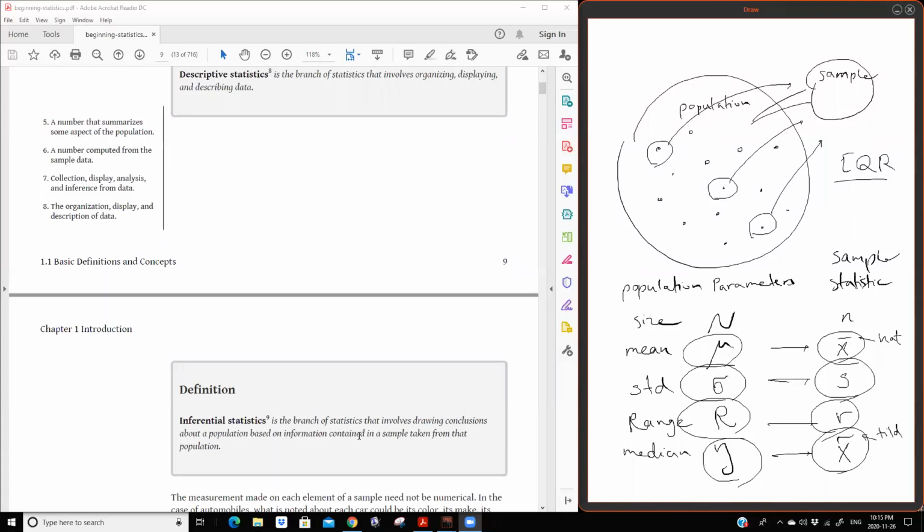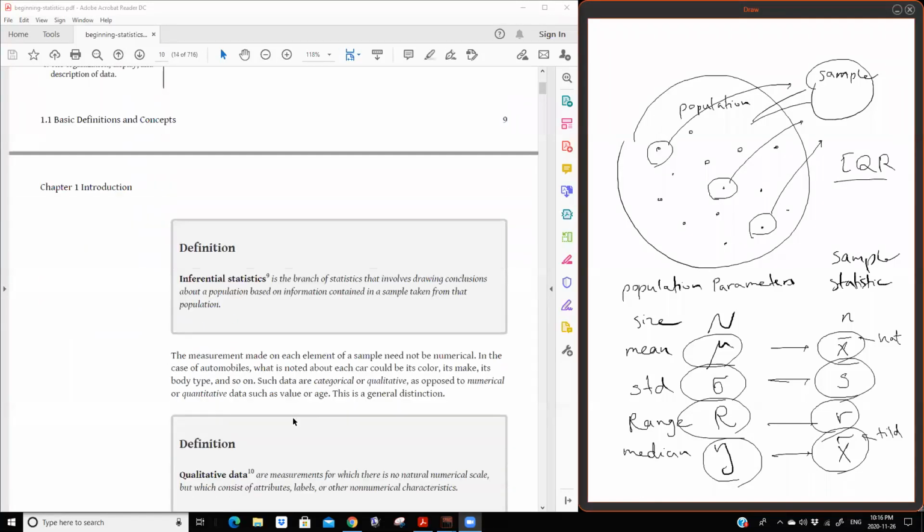You can use data to create a model, using something called linear regression, or generally regression. You can create confidence intervals for your population parameters. You can do tests of hypotheses for the population parameters. You can study time series of different phenomena. So this is a very interesting branch called inferential statistics.